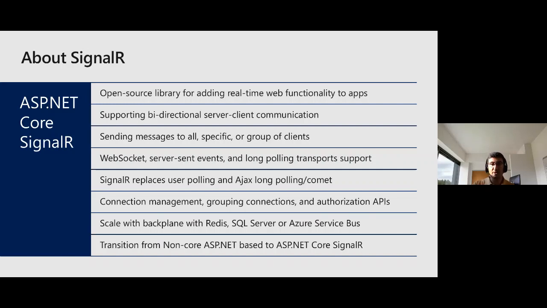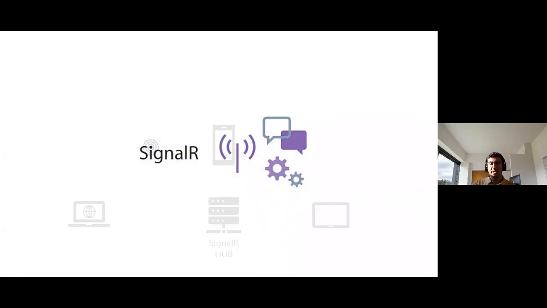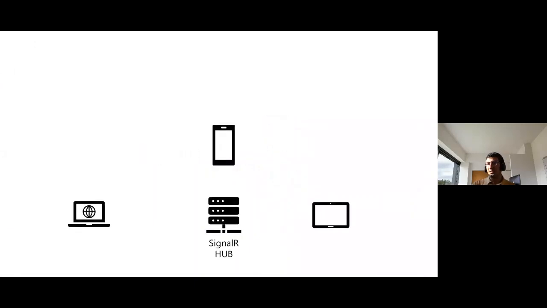Core SignalR. Now, as you can see in this illustration, you have a client, you have the SignalR hub, and you're sending messages to the hub, and then the hub is broadcasting them back to the clients.